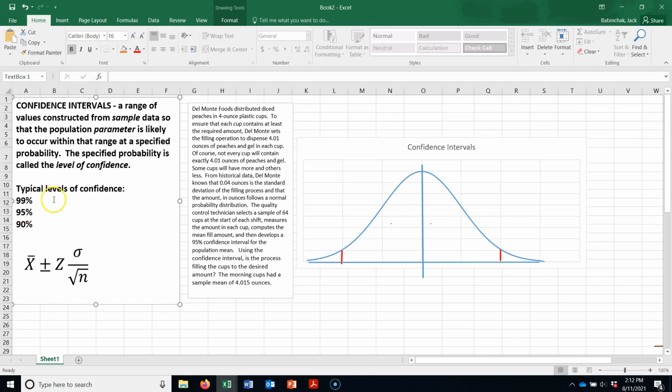These are typical levels of confidence: 99, 95, and 90. For most research being conducted in industry, 90 is typically good enough.